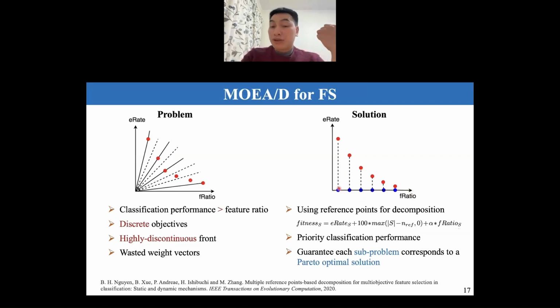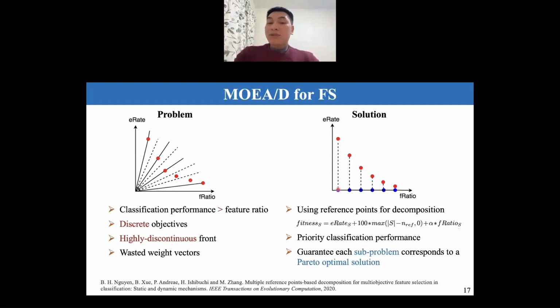We may not be able to achieve that, but this reference point serves as a target for our candidate solutions to be pushed toward. So for each reference point, we're going to achieve as low an error rate as possible, so reduce the distance between the candidate solution and the reference point.